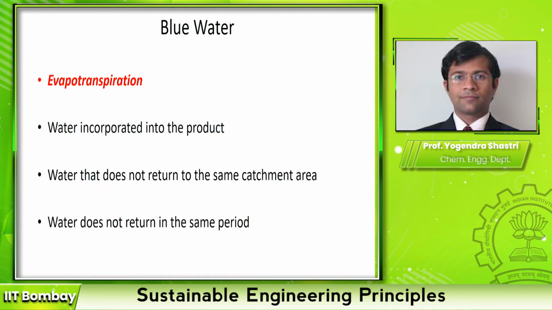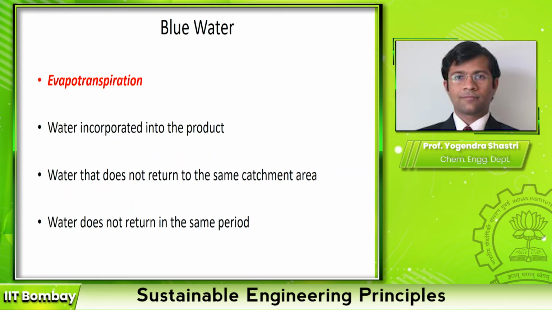Blue water footprint, on the other hand, although it includes evapotranspiration if you are doing irrigation, it also includes water that is used for several other applications. And there is a caveat when it comes to calculation of blue water footprint.